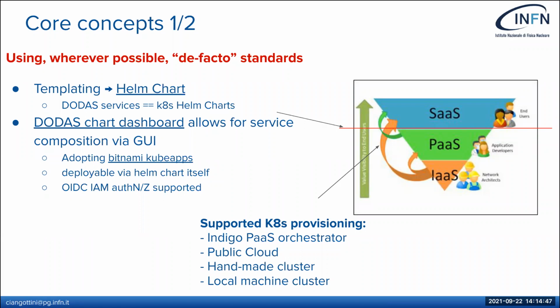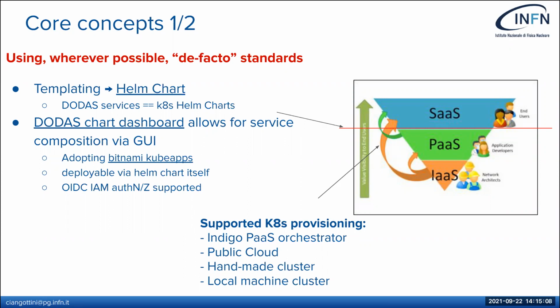All these charts are collected on a dashboard that allows the service composition game that we will see in a bit. This is particularly important because each one of these charts can be integrated with the others to satisfy the needs of the user.